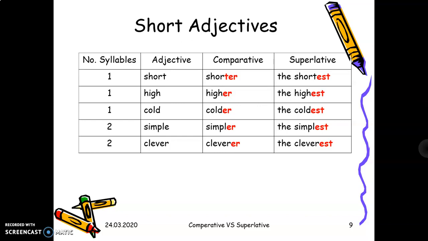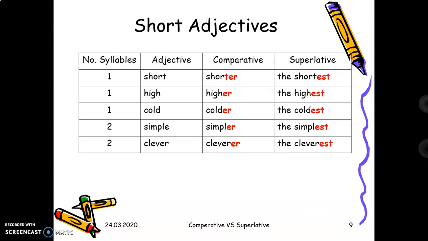Now if we have more than three or four syllables, in the comparative we put more plus the adjective plus than. Note that it is wrong to say, for example, he's more taller than me, he is more shorter than me, or he is more longer than me.